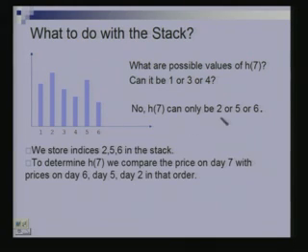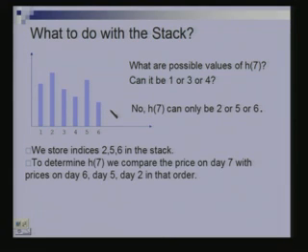So, we will store these indices 2, 5 and 6 in a stack. 2 will be at the bottom of the stack, 5 will be above that and 6 will be at the top. Now, to determine h of 7, what do I need to do? I will first compare the price on day 7 with the price on day 6. Suppose the price on day 7 was less than the price on day 6.